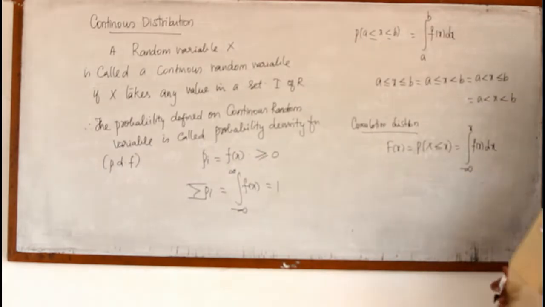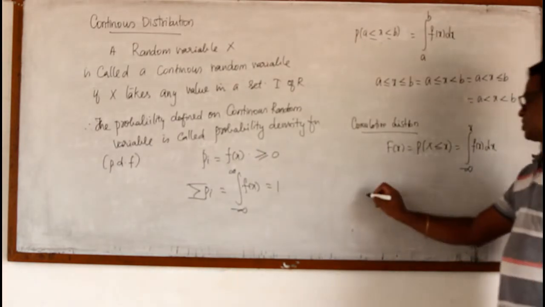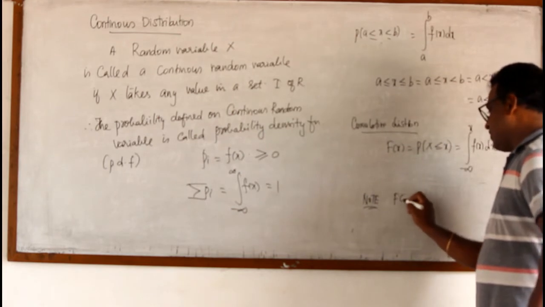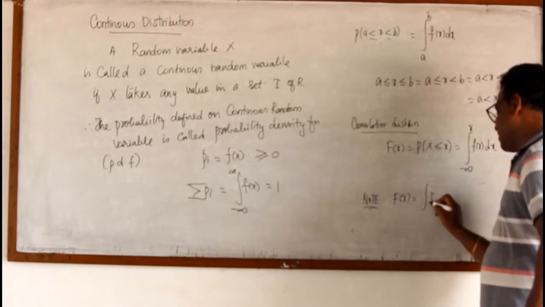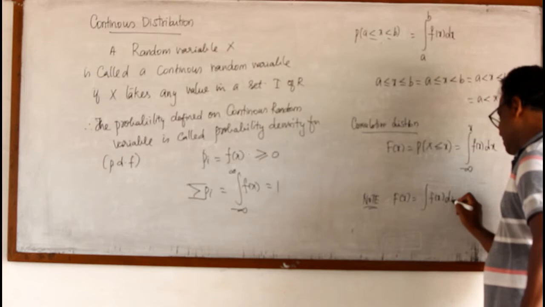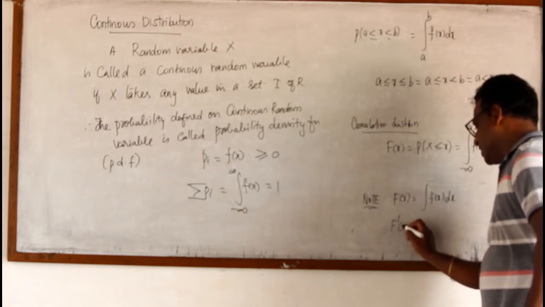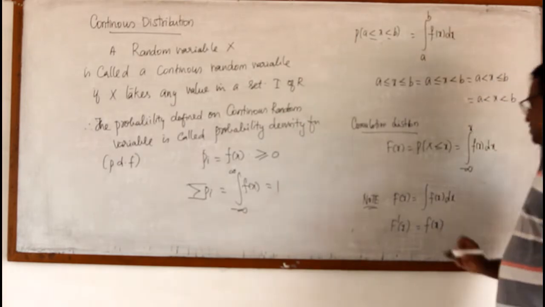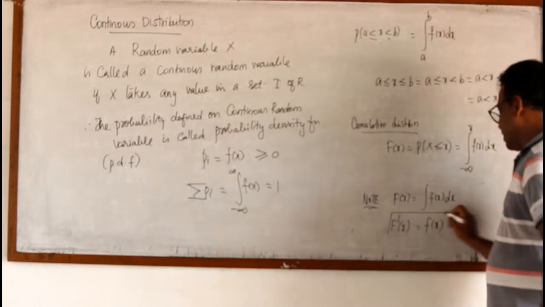So same thing for cumulative distribution. So note, capital F of x is the integration of f of x dx. That means when I differentiate capital F of x, I will get the small f of x. This is a very important result.